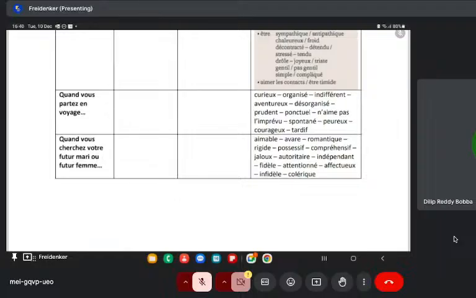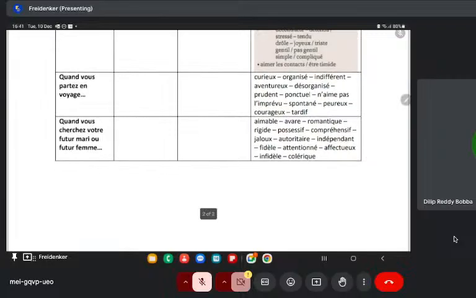So if I say il est compréhensif, it means he's understanding. Jaloux is jealous. Autoritaire is authoritative. Indépendant is independent. Fidèle is faithful. So infidèle is unfaithful.